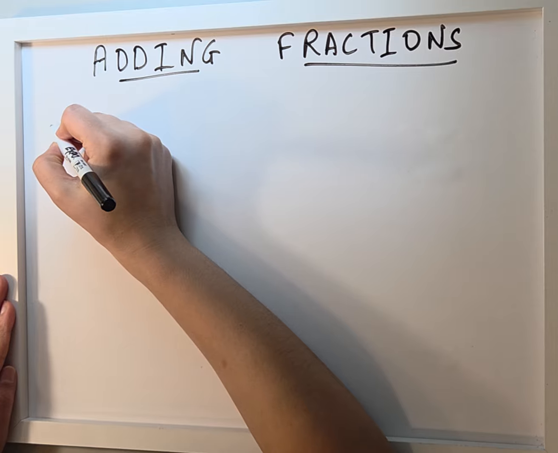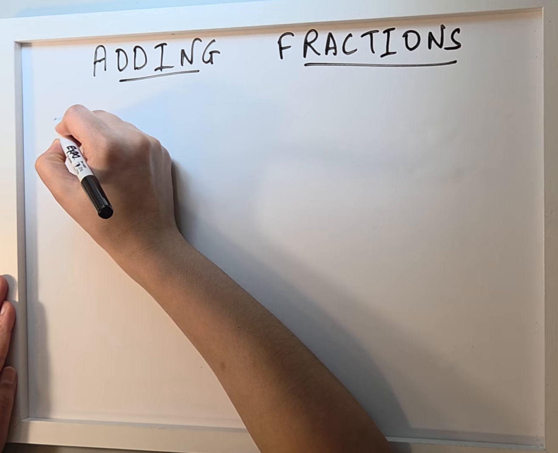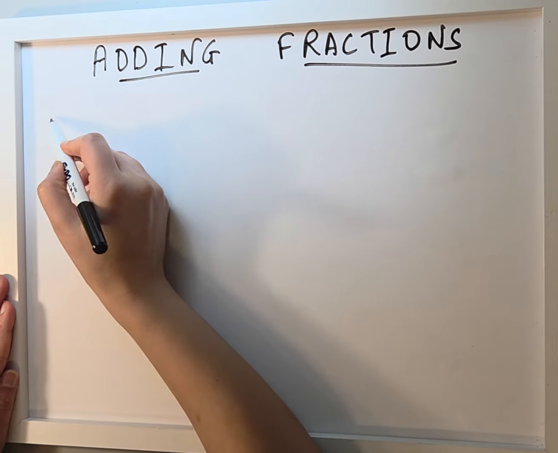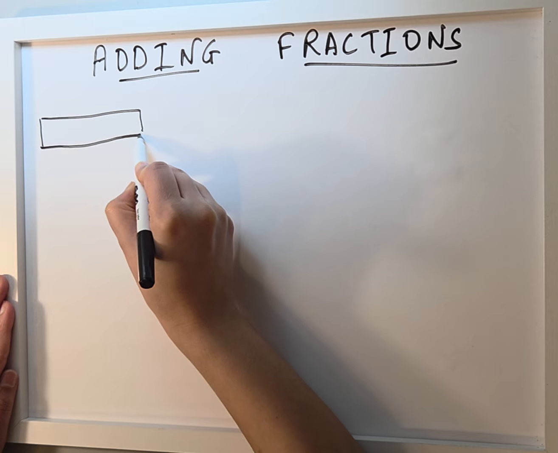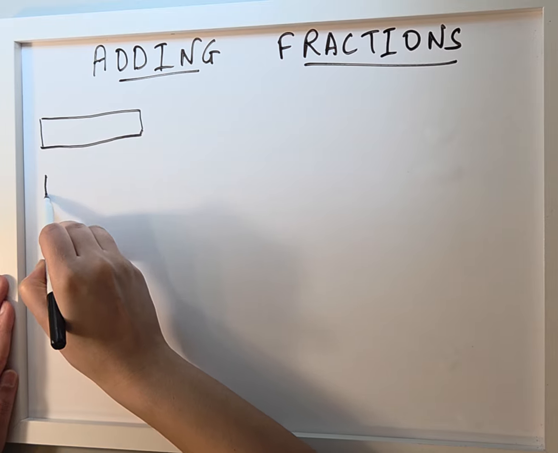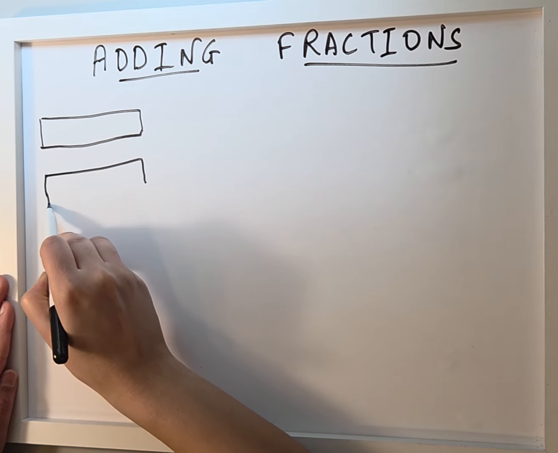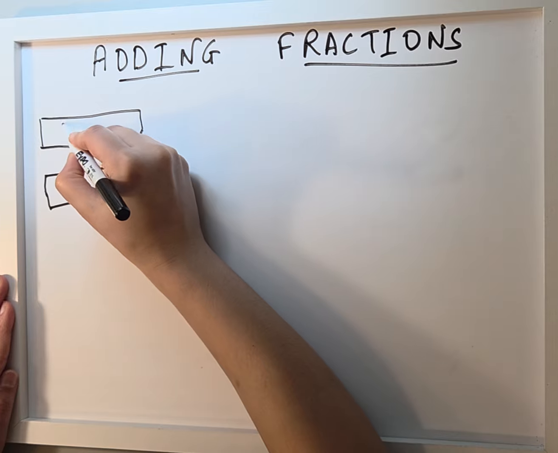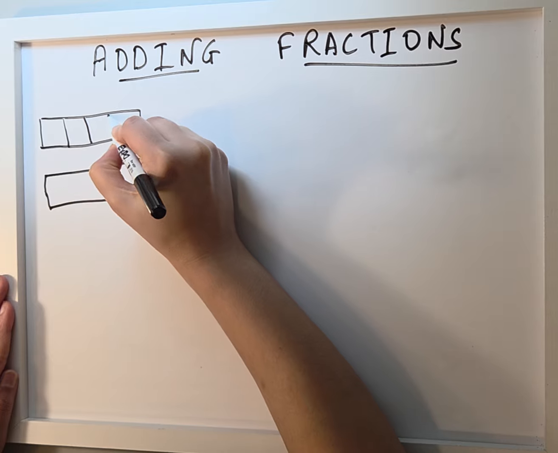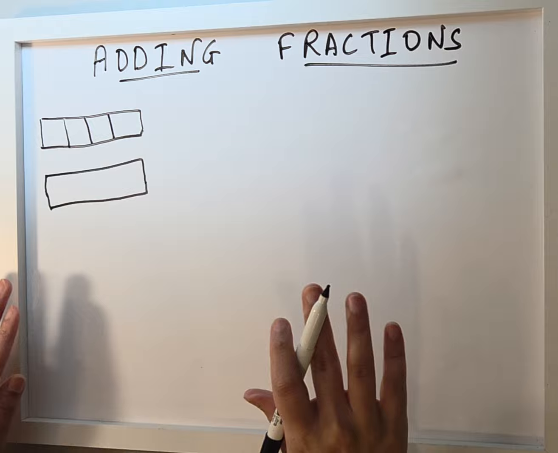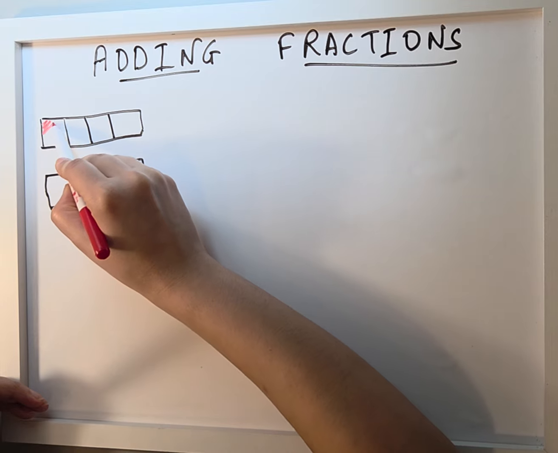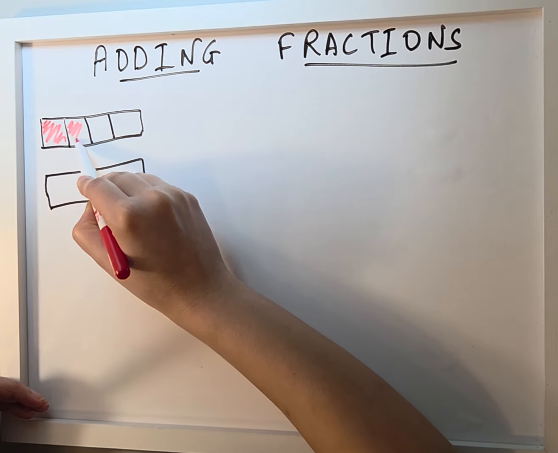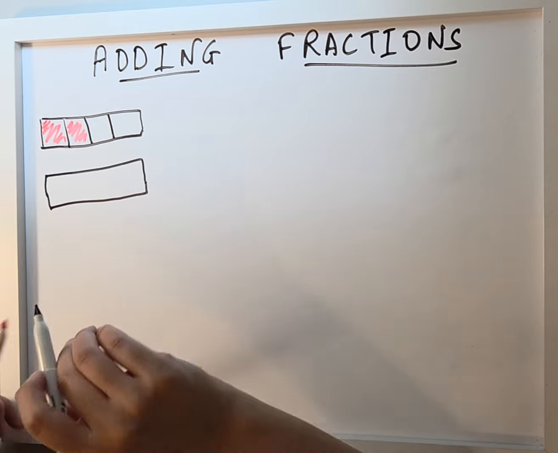So suppose we have two similar shapes. This one I divide equally into four parts, and I shade two of them and represent it as a fraction.